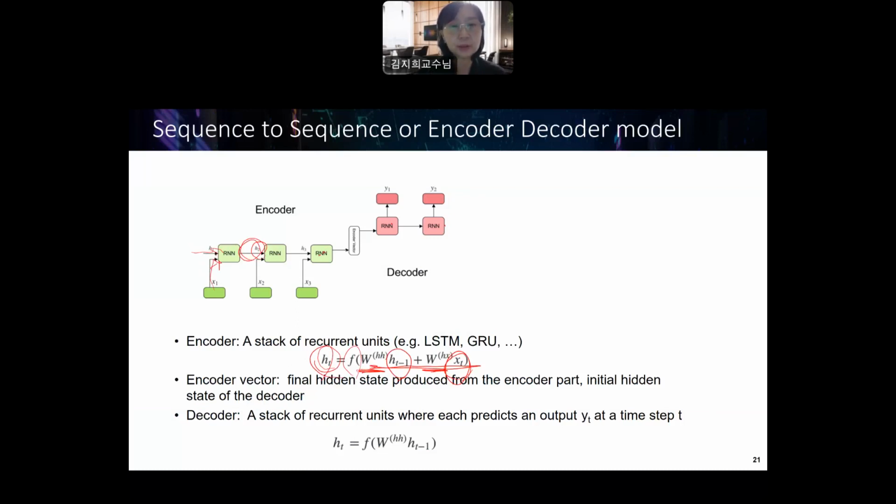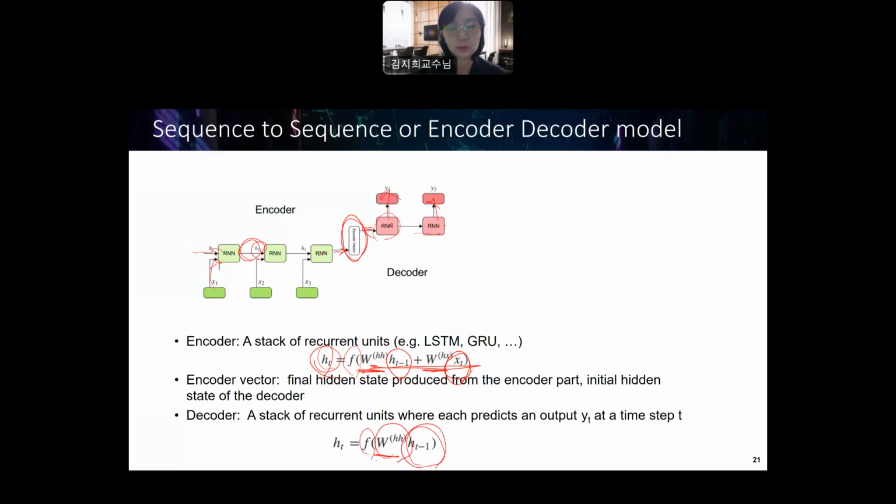And the final state of encoding will be this part, the encoder vector. And given the encoder vector, we'll start producing the output, this part. We'll generate based on the given hidden state, the previous state, and the weight matrix.